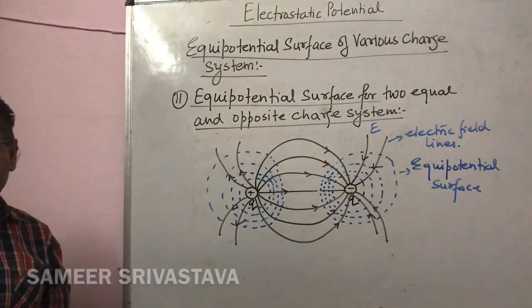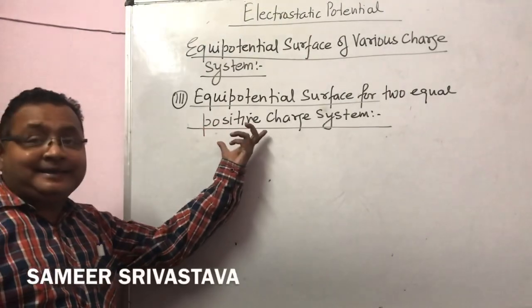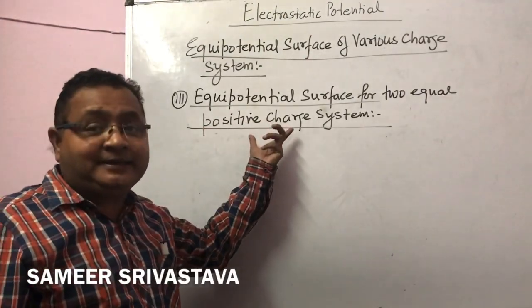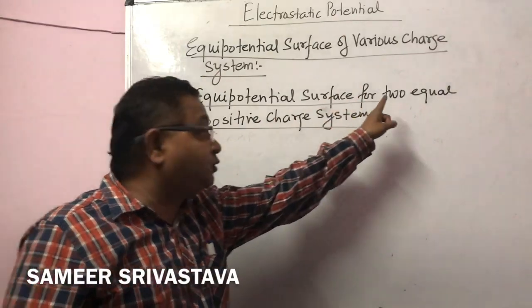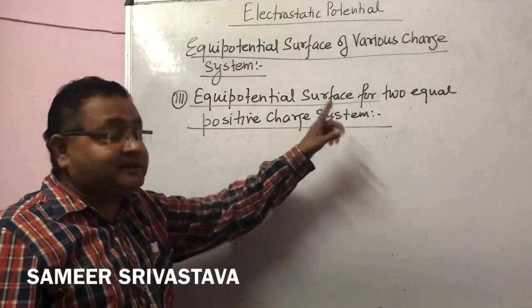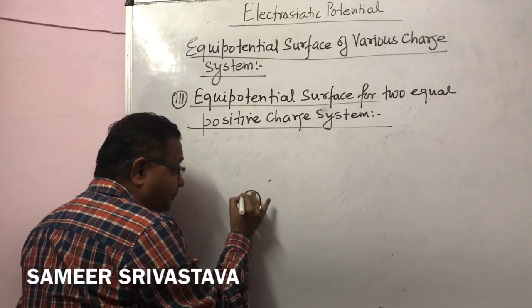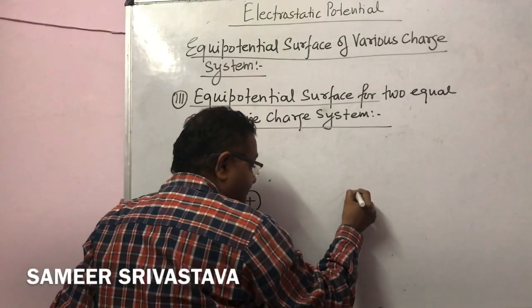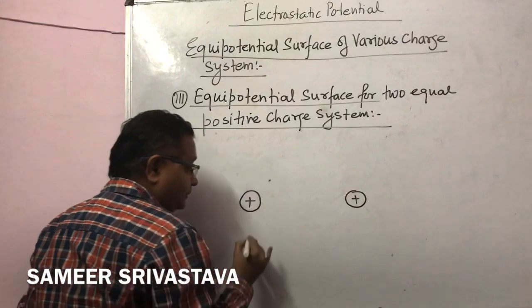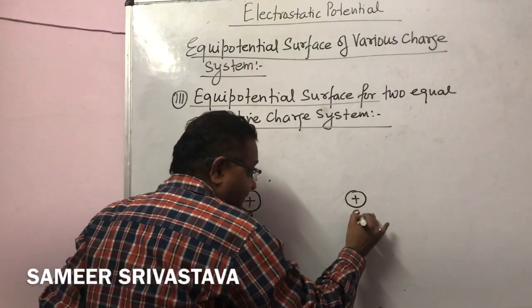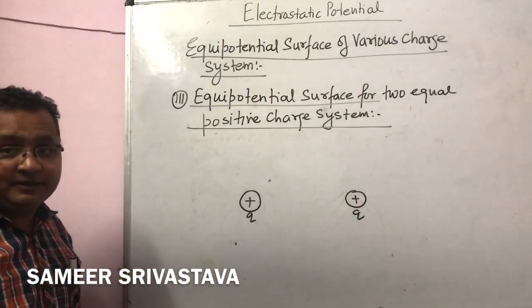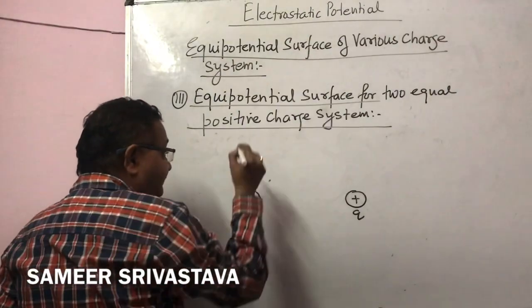Now the third case. For the third case, we have to again design the equipotential surface for a two equal positive charge system. It means we have two equal positive charges. If I say this charge value is Q and positive charge, now what about the electric field lines?